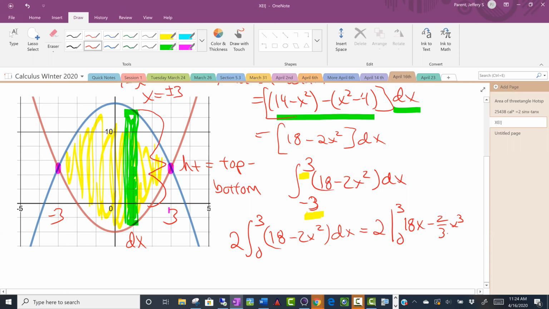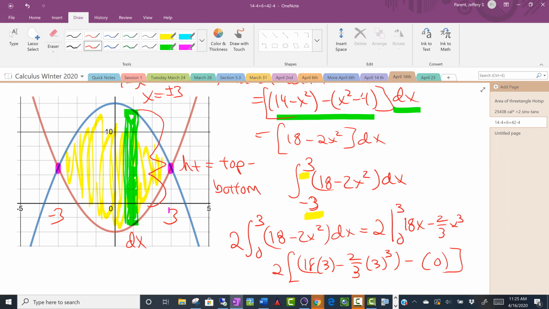And it's just easier to plug in a lower limit of 0. So it's going to be 2 times 18 times 3 minus 2/3 times 3 cubed, minus, and this is the nice thing, the lower limit is just 0. So rather than having to plug in a -3, I think we're in much better shape.